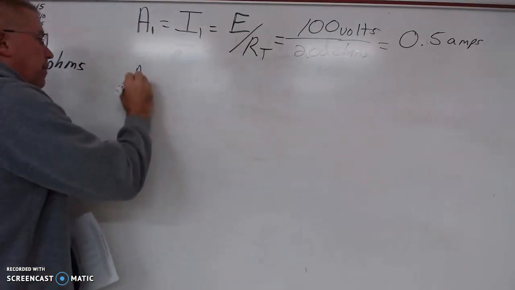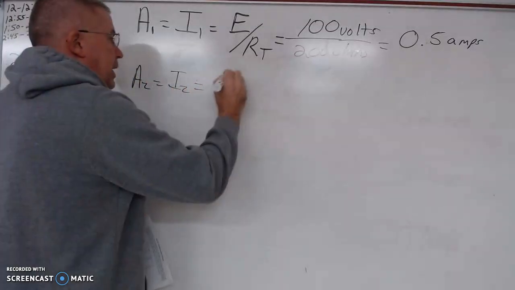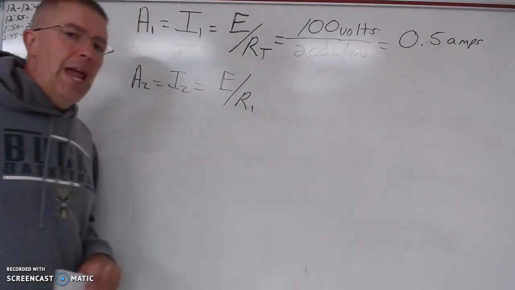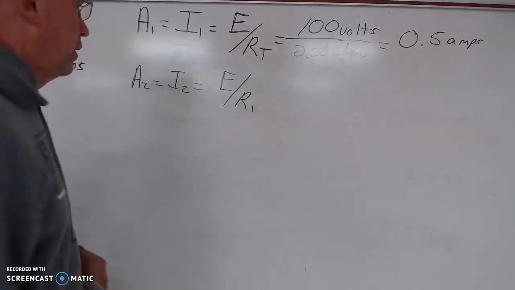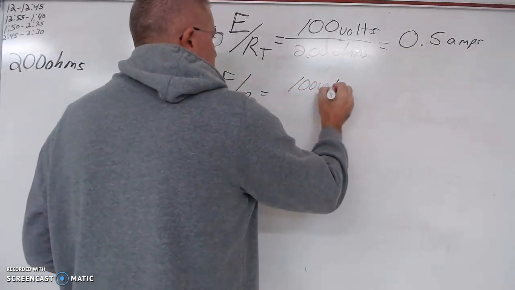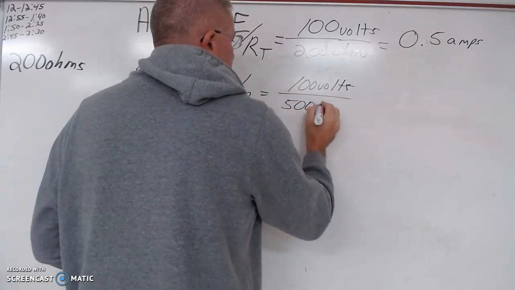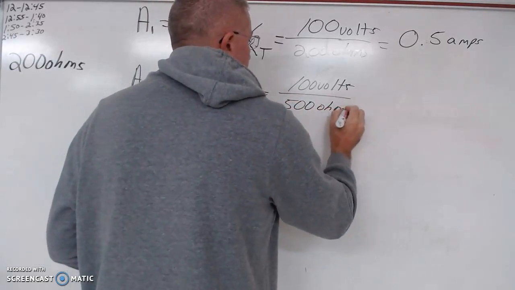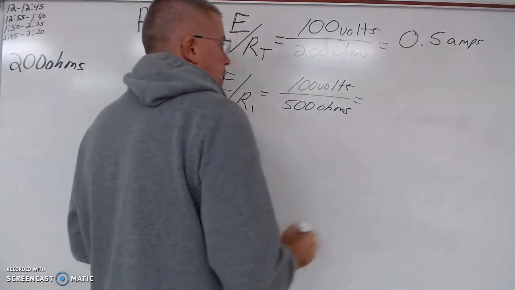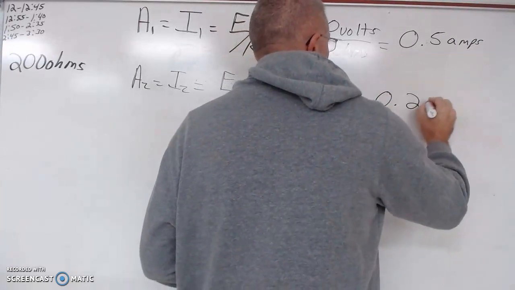Then A2, or we really want to call that I2, is going to be E divided by R1. So we're calculating the amps in that one path. Once again, E is 100 volts, and it's 500 ohms on that one path. So 100 divided by 500 is going to be 0.2 amps.